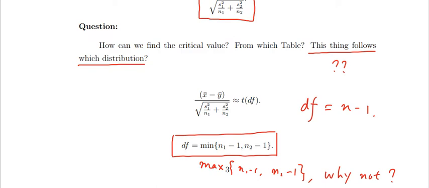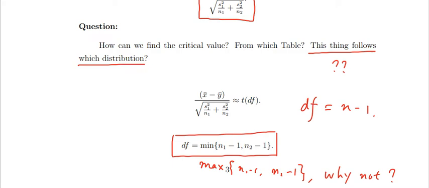Okay, so if the sample size is big, then we have more information about the population, right? If the sample size is very big, then the sample becomes the population, right?